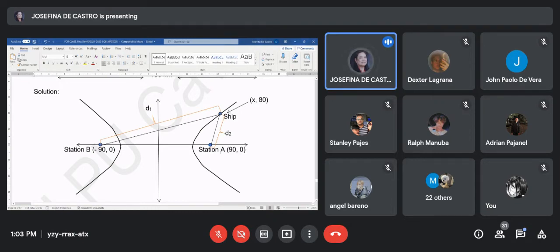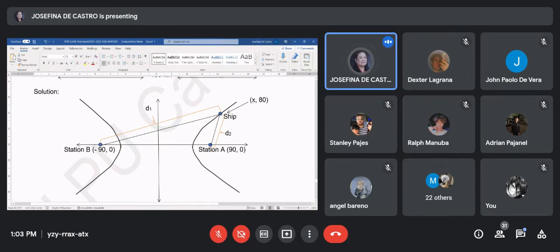Okay? So, since mas malapit siya dito kay station A, ay ilalagay natin si ship dito sa branches nitong una kasi mas malapit dito siya. So, ito ngayon distansya ni yacht na nandun sa curve, mas malapit kay station A sa branches ng hyperbola.